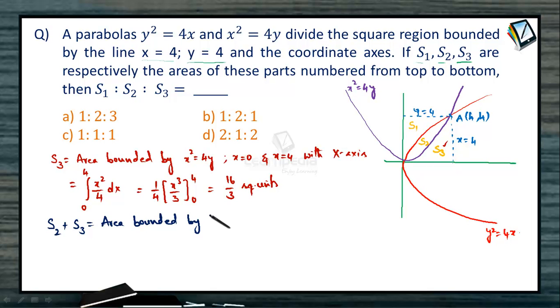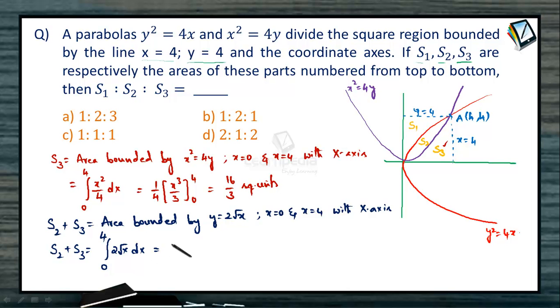That means y equal to 2 root x, because we are talking only in the first quadrant, by the y-axis, that is x equal to 0, and again x equal to 4 with the x-axis. Now we know that the S3 value is already known to us. So S2 plus S3 would be equal to the integral from 0 to 4 of f(x), that is 2 root x dx.